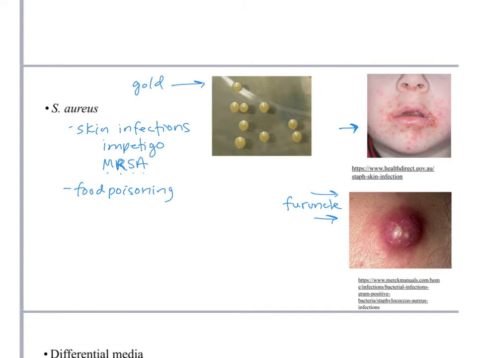Due to that toxin production, if you have eaten some potato salad at a picnic that was contaminated with Staph aureus and it grew up there for long enough and had enough chance to produce the toxin, pretty quickly after you ate it, like within half an hour, you would start feeling ill.